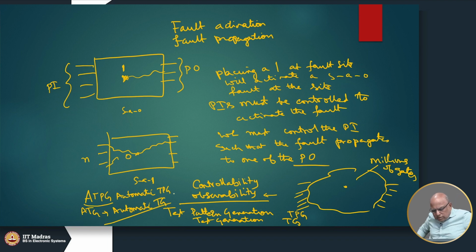So, in the semiconductor industry, there are many tools or programs which are available, which can be used to generate test patterns for faults. There are many companies which sell such tools. For example, there is Synopsys, then there is Cadence, there is Siemens.